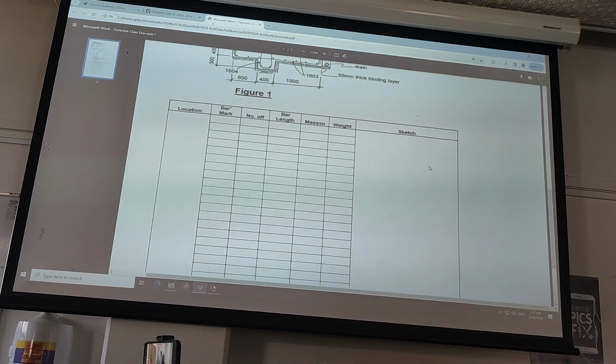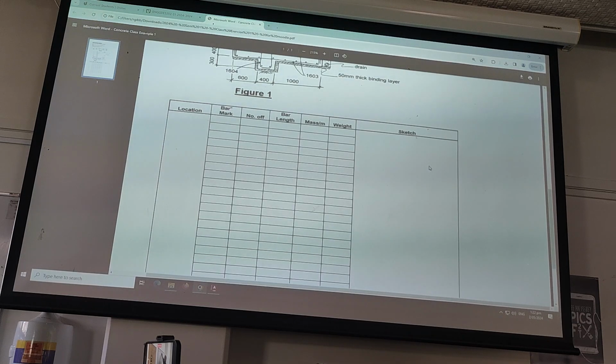Number off. And mass per metre. Reinforcing is all about the weight. If we are buying or selling reinforcing steel, we do it by the weight.